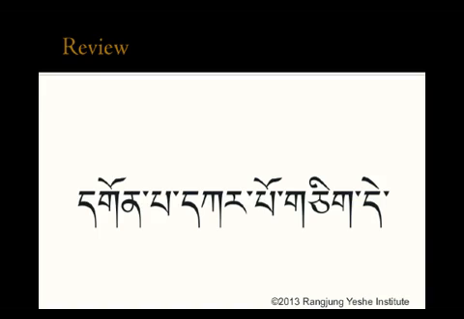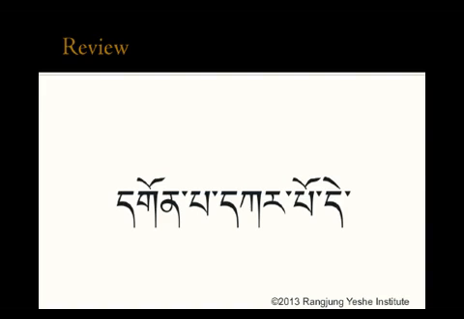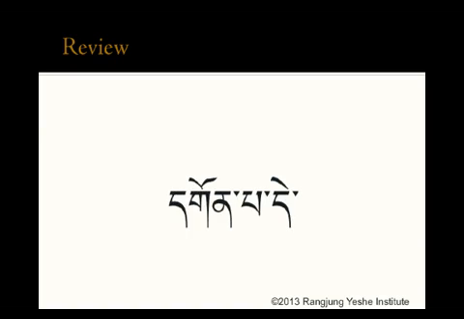If we don't need to specify number, we could simply say gompa karpo de, that white monastery. Notice that the order of the nominal group remains the same regardless of which elements are present. We could even eliminate the adjective and just say gompa de, that monastery.